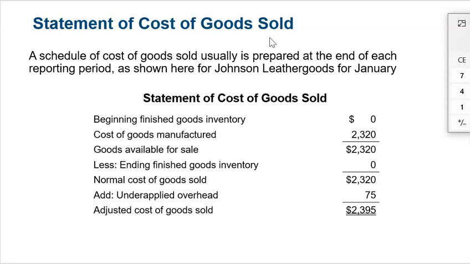But in our case, where we're only looking at no beginning finished goods inventory and a very, very limited view of things, it is important for us to assume here that these backpacks were actually sold, so that we can actually have cost of goods sold. So our adjusted cost of goods sold, $2,395, which consists of, see if I can remember this now.